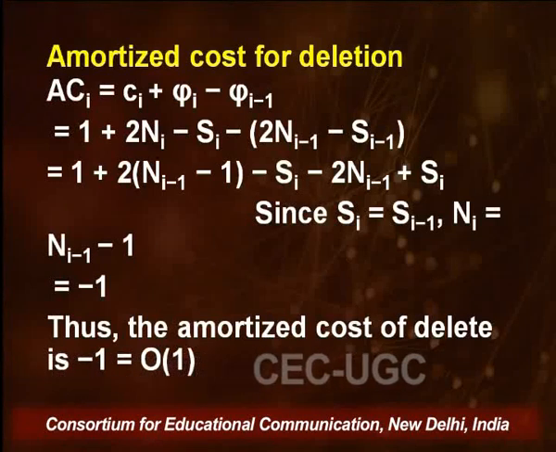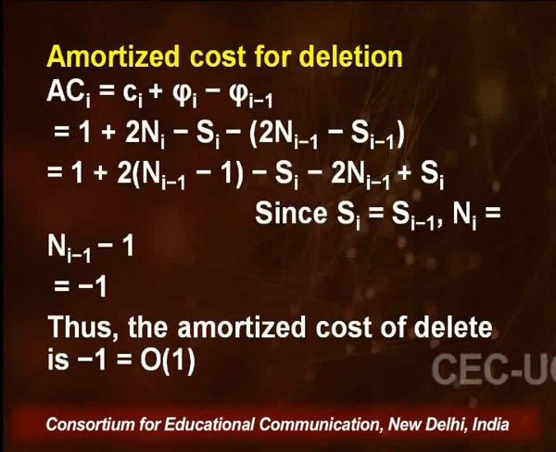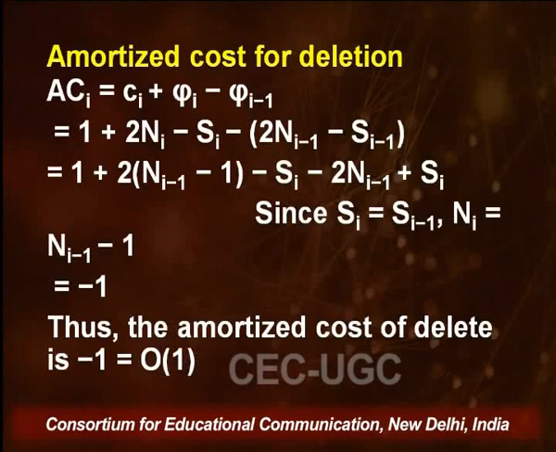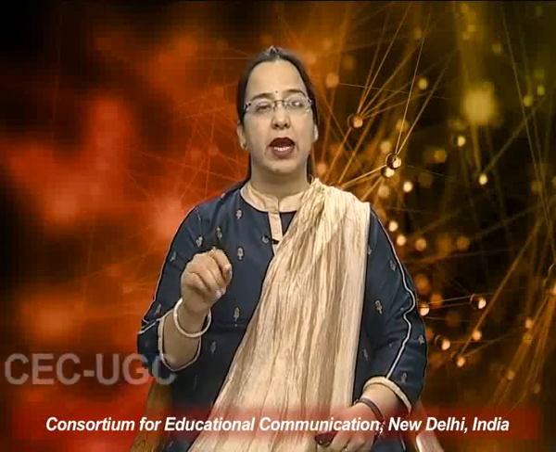Because we are deleting one element from the table, the number of elements after the ith operation is obviously going to be 1 less than the number of elements before it. So s of i is equal to s of i minus 1, while num of i is equal to num of i minus 1, minus 1. That means we are decreasing one element from the previous table.